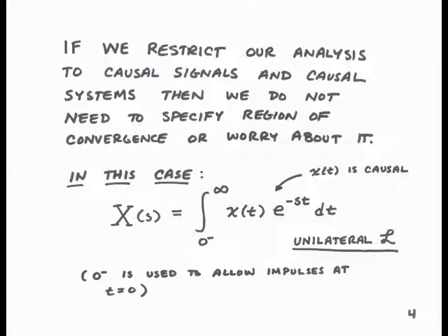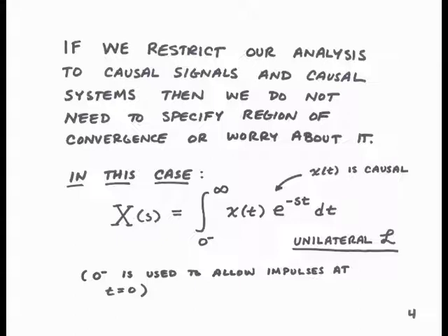This is the unilateral Laplace transform, and x of s is given as the integral from 0 minus to infinity of x of t e to the minus st dt. We only integrate from 0 minus to infinity because we don't need to worry about the integral from minus infinity to 0. X of t will be 0 in that segment.